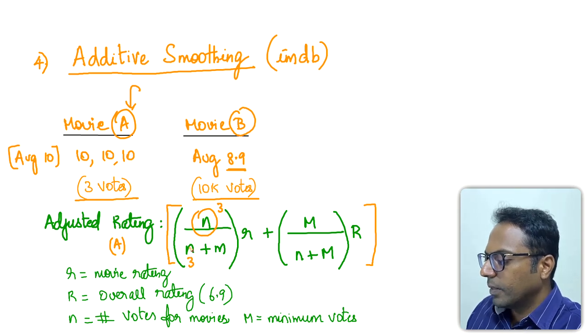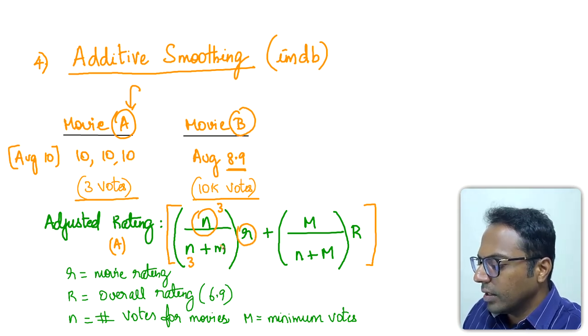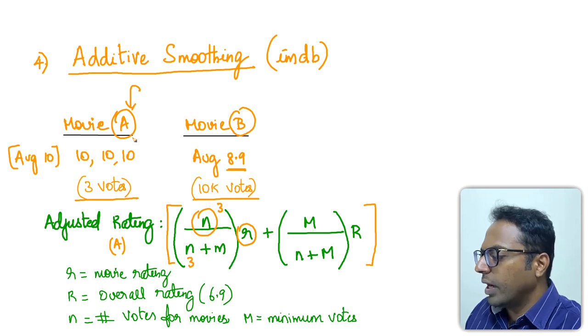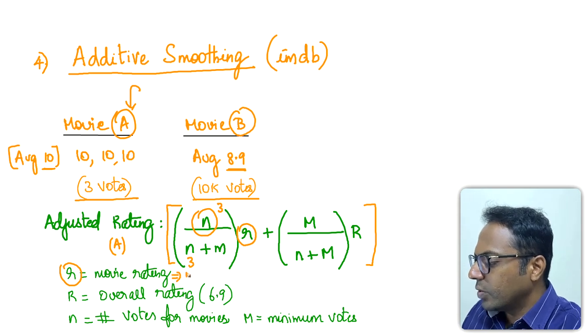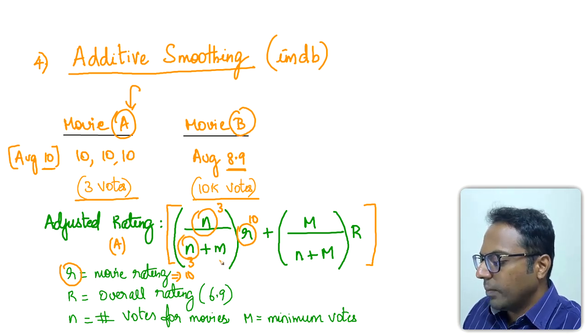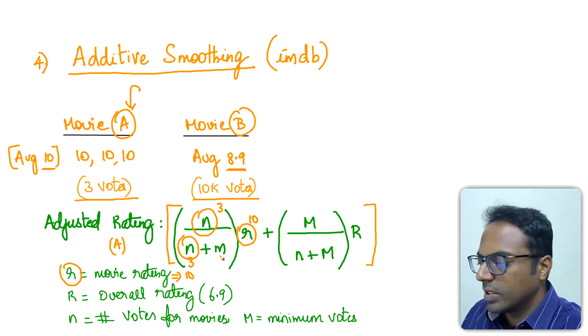Small r is the average movie rating for movie A. In this case, small r is nothing but the average, which is 10. So we know this value. What is capital M?